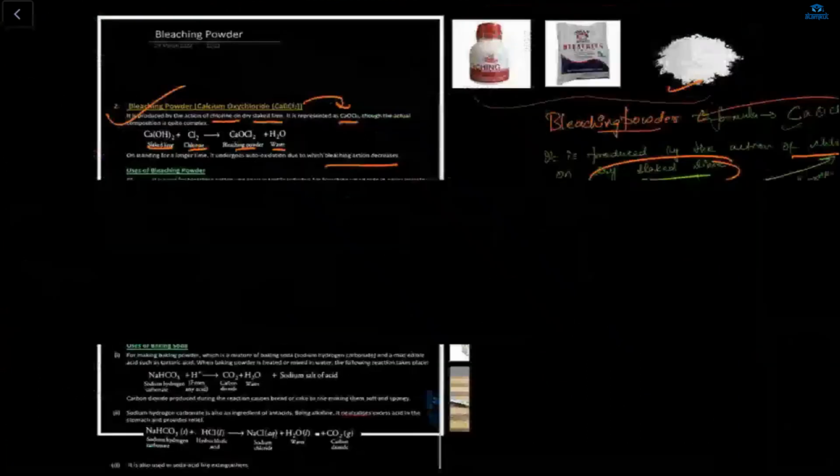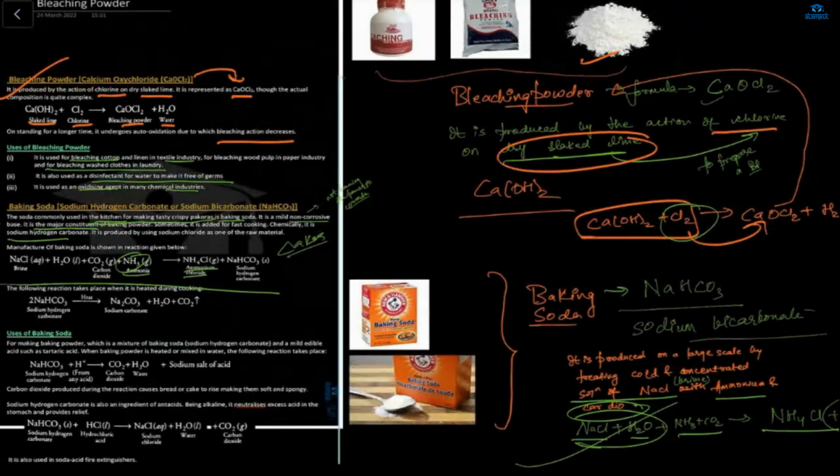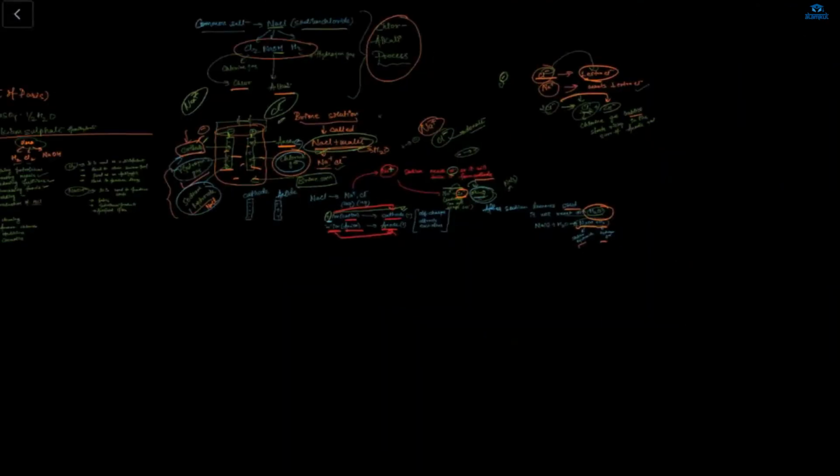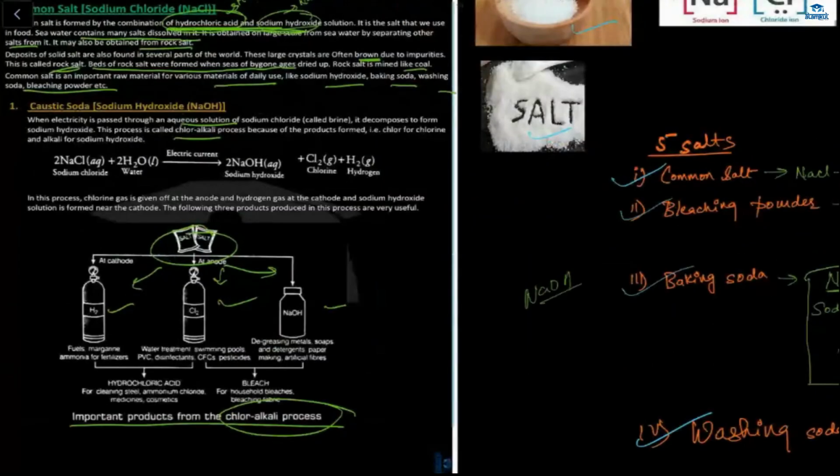So now you are done with these two types of reactions. Now what about that? That was also easy. That was full of the notes type, the common salt. Common salt is this one: sodium chloride, water, sodium hydroxide, chlorine, and hydrogen gas.